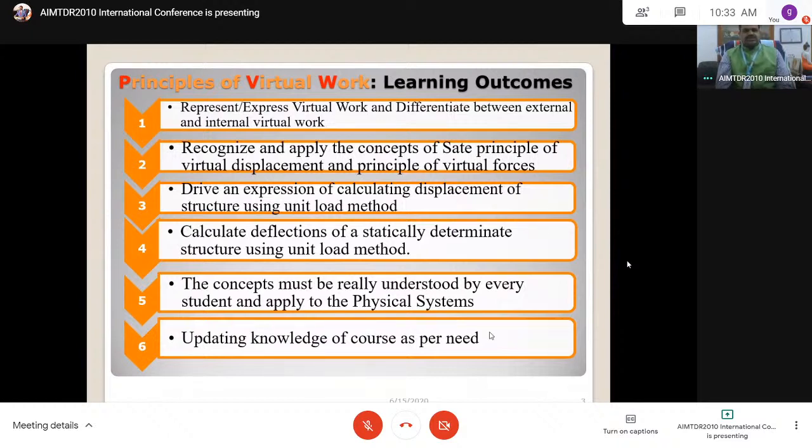Derive expressions to calculate the displacement of a structure using the unit load method, by considering the principle of superposition. Suppose all types of loads are acting: a system consisting of concentrated load, moment, uniformly distributed load, linearly varying load, quadratically varying load, cubically varying load, etc. By considering one load at a time, you can calculate and apply the principle of superposition.